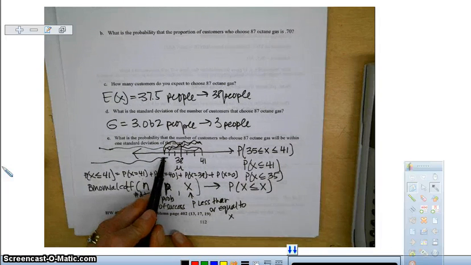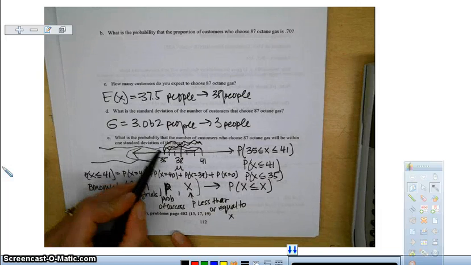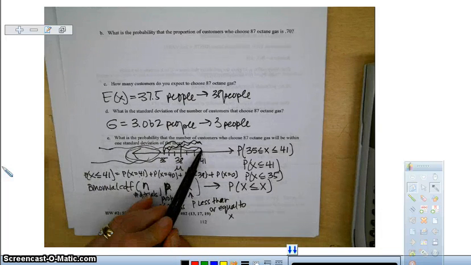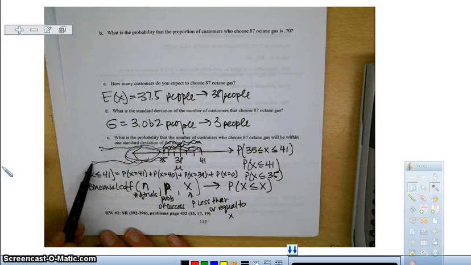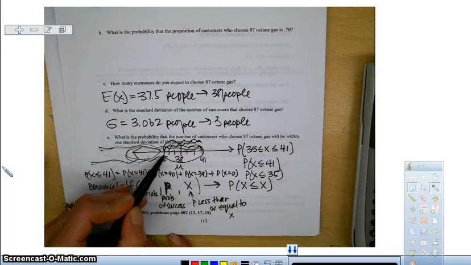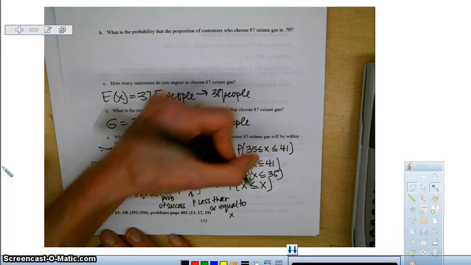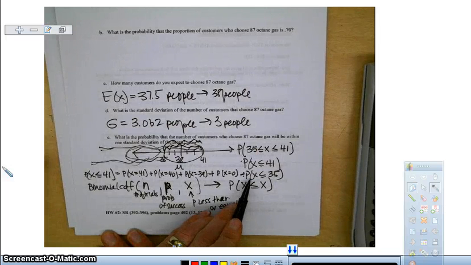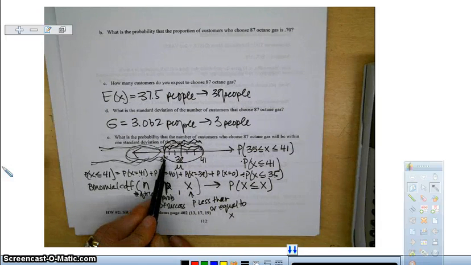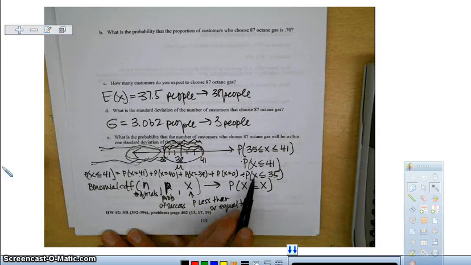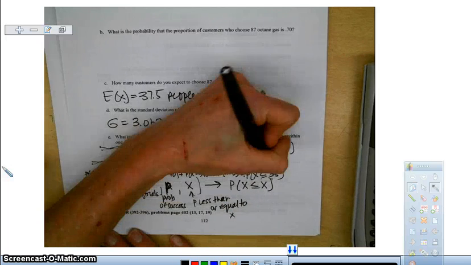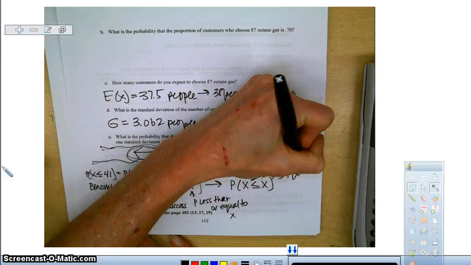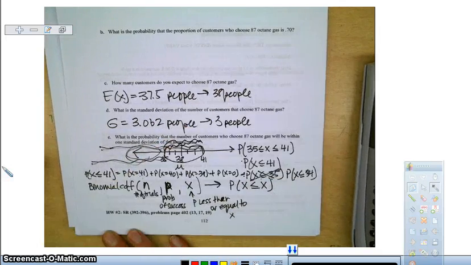If I subtract these two probabilities, I would have subtracted the 35 out, because this included the less than or equal to. So really I need to find the probability that x is less than or equal to 34, so I keep the 35 in there.